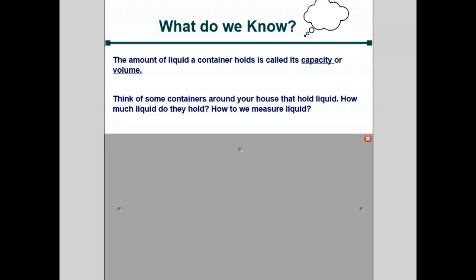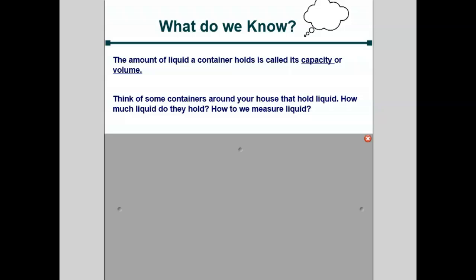What did you find? When I looked around my house, I saw a vase with water and flowers. It holds liquid. I also thought of the glass of water that I have right next to me. It has a capacity of water. I thought of a bathtub or a sink.